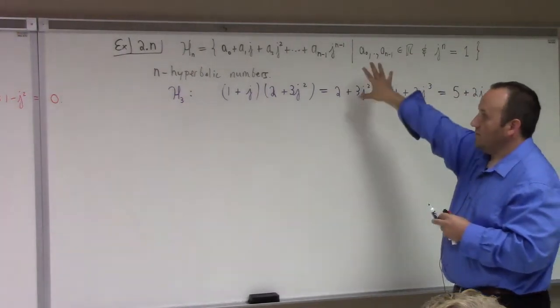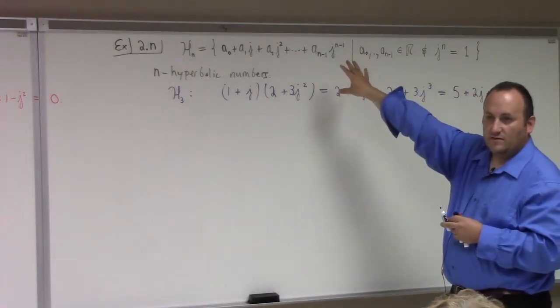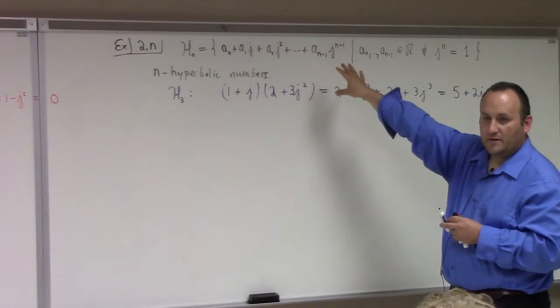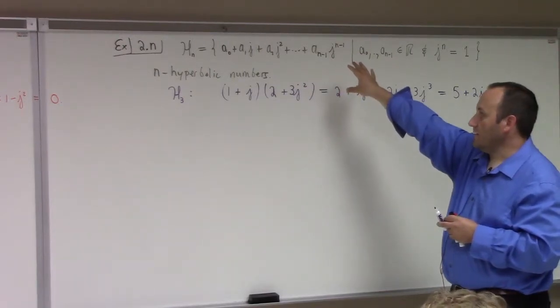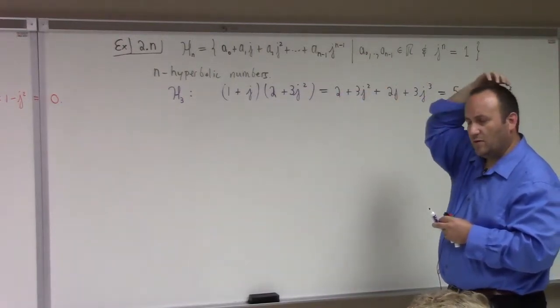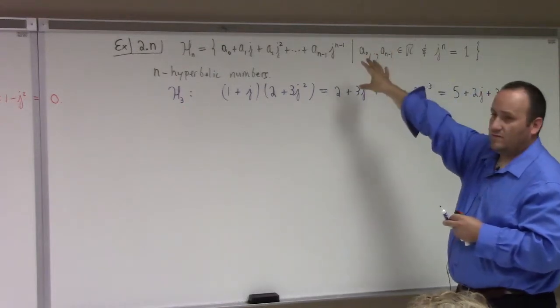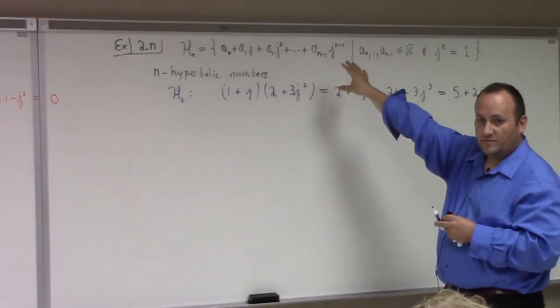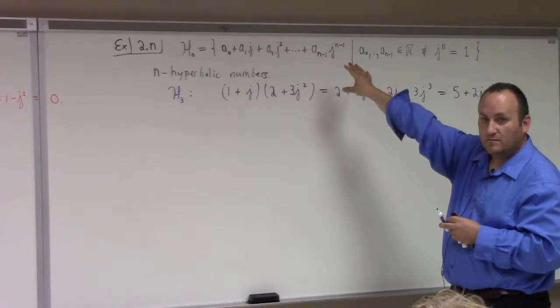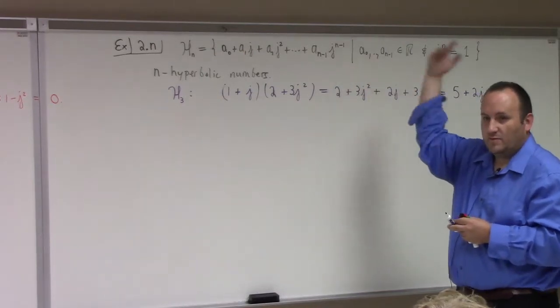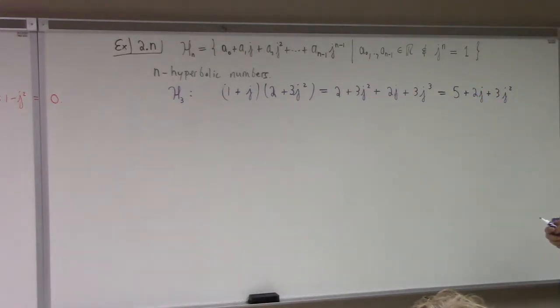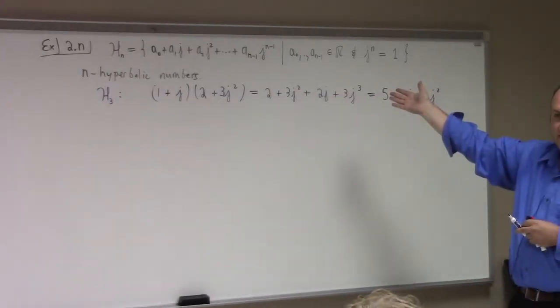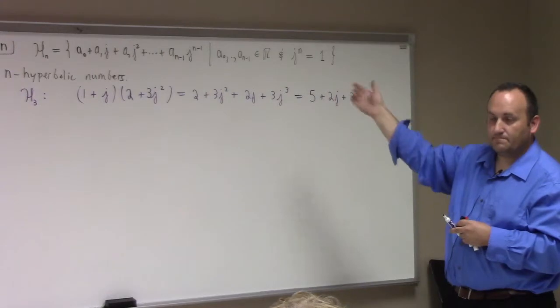I'm not sure what a good application is of the nth hyperbolic numbers, but I do have some applications I'll show you as we go on. I will tell you this is actually what's called the group algebra of the cyclic group of order n, which doesn't have to make sense to you right now, but maybe it will later. Again, this is not a field. Lots of 0 divisors in here.